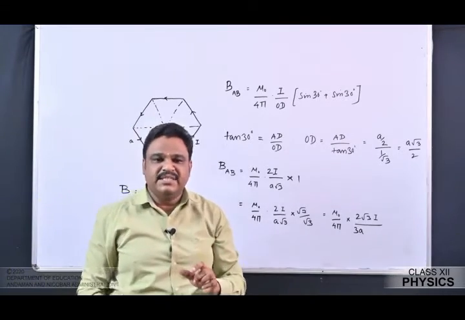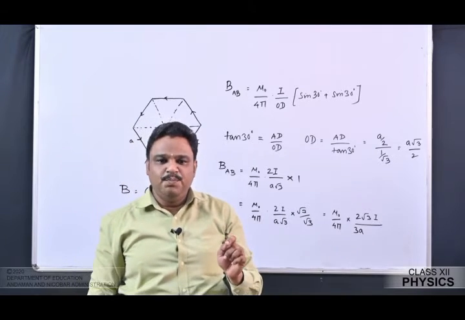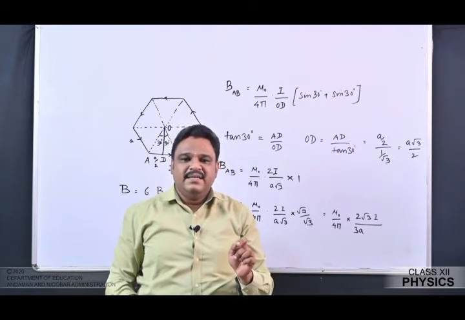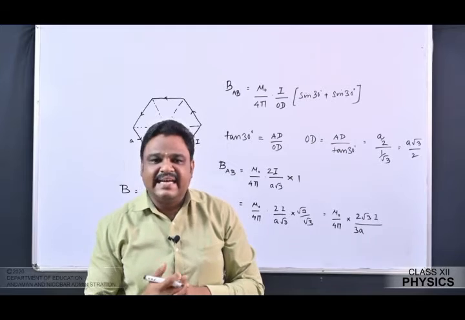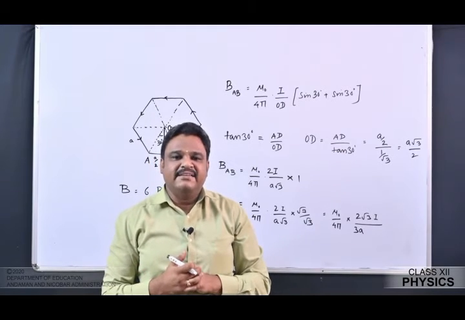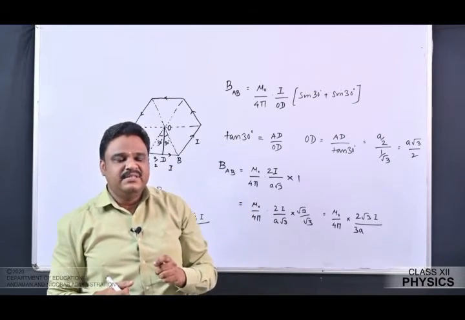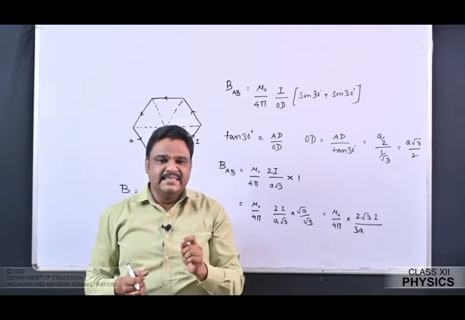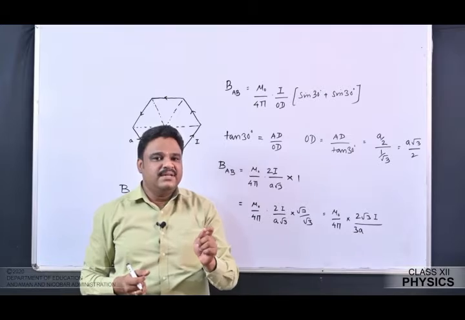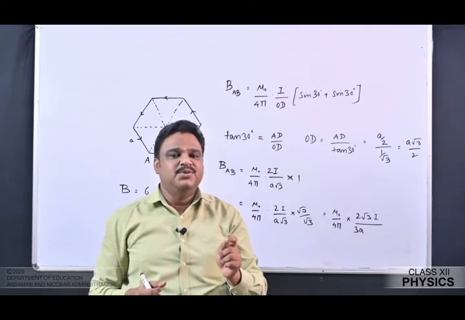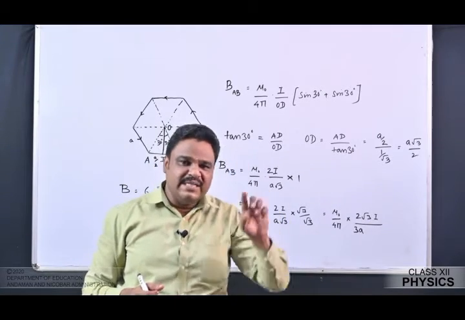I'm going to repeat the question. There is a hexagonal loop of a metallic wire of each side A carrying a current I. Find the magnitude of magnetic field at the center of the loop. Already I said the number of sides of a hexagon is 6, and the contribution in magnitude and direction due to one side is the same for all the other sides.